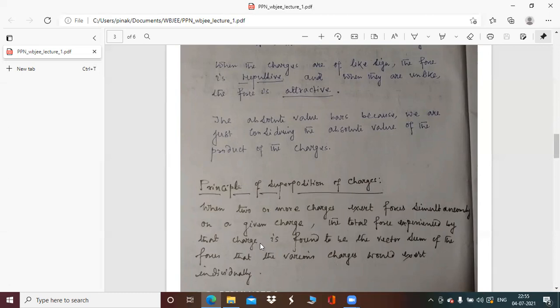That means, suppose there is a single charge and we need to find the force experienced by that single charge due to two or more charges.